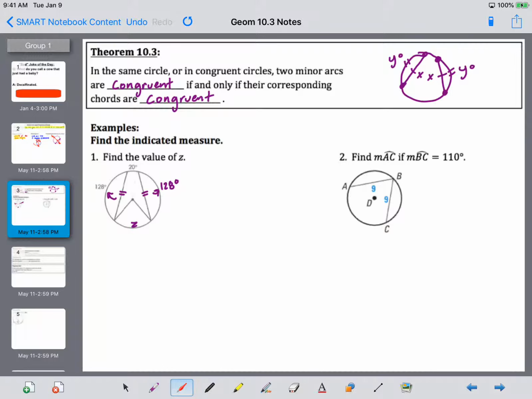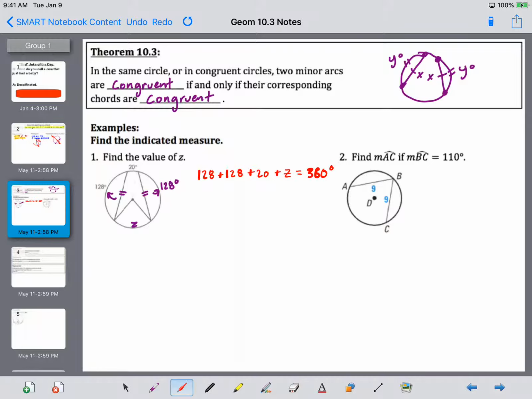Well, if we're considering this entire circle, remember the whole circle has to add up to 360 degrees. So we're going to take 128 plus 128 plus 20 plus z, and that has to equal 360 degrees.